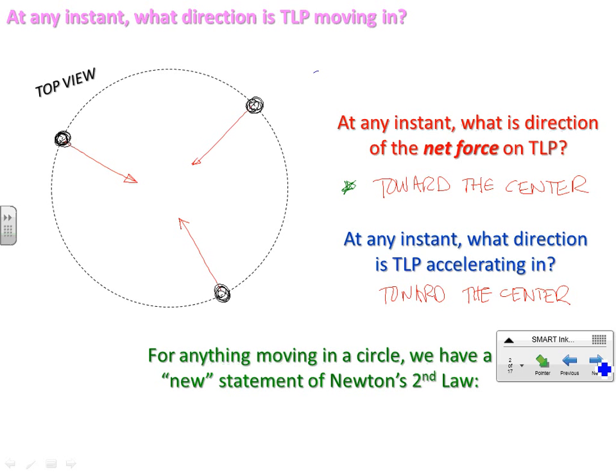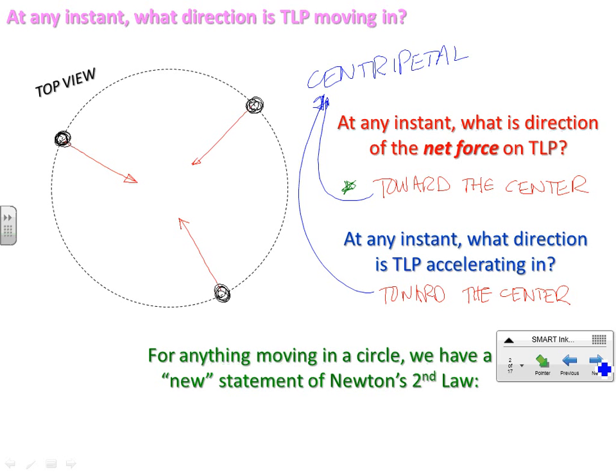That word is centripetal. Centripetal means toward the center, right? So what we say is there is a centripetal force that provides a centripetal acceleration. And the centripetal direction, the direction toward the center, becomes our new direction.